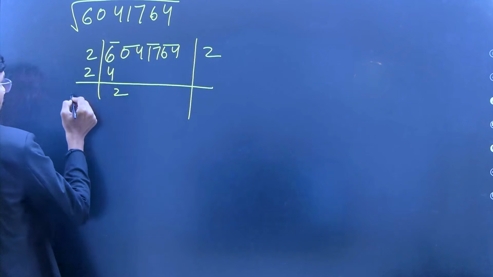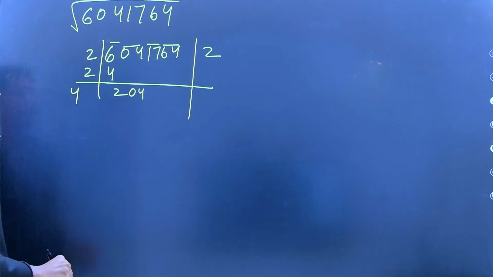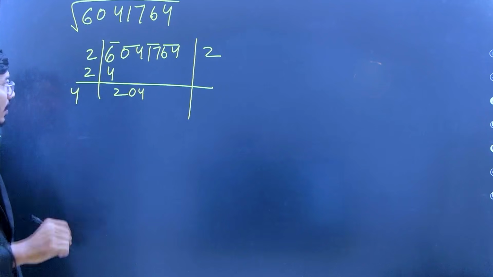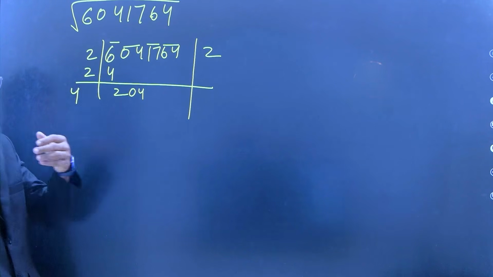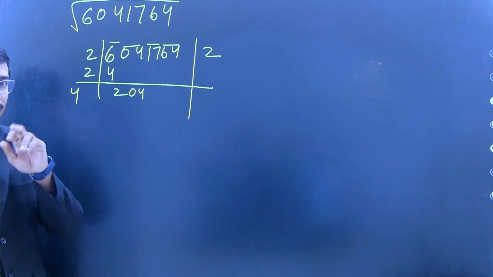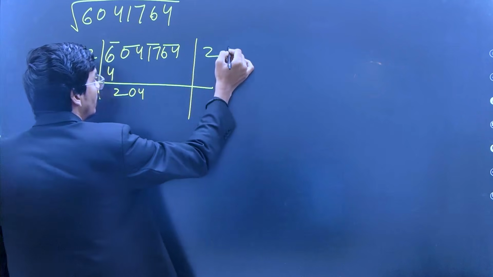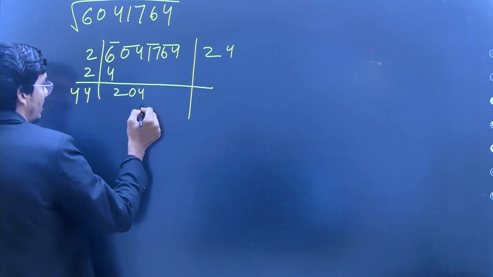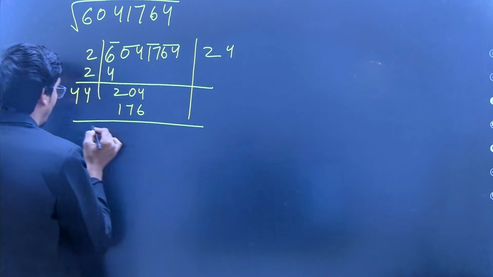Add 2: 2 plus 2 is 4. Now 04 comes down. Which number, beta? If we take 45 into 5, that is 225, so it's not possible. So 4. 4 into 4 is 16, and 117 again. Add again, beta.